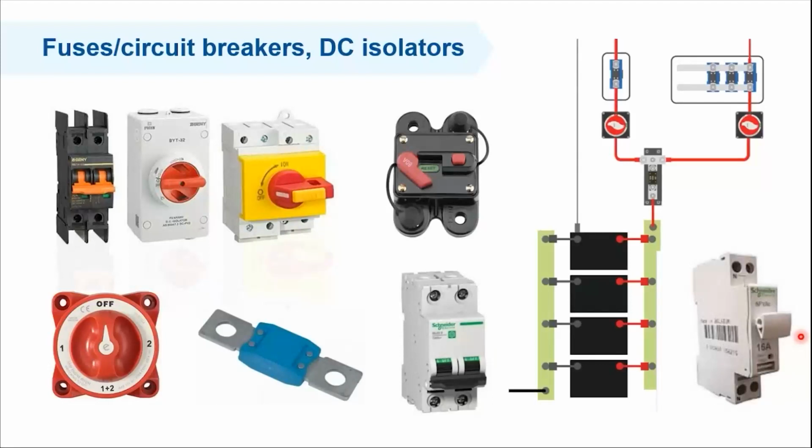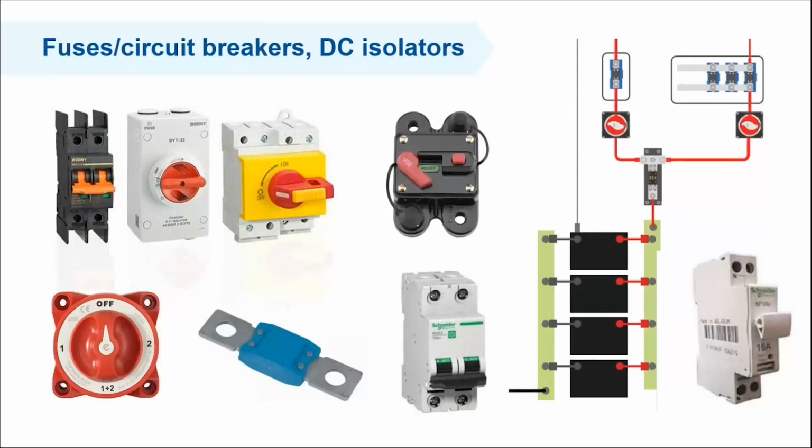Fuses, circuit breakers and DC isolators are protective devices, and when there is an overload in the system or a short circuit, fuses save the system from damages. You can now locate the place of these instruments in the wiring diagram. So you see this is a fuse, this is an isolator, this is also a fuse.